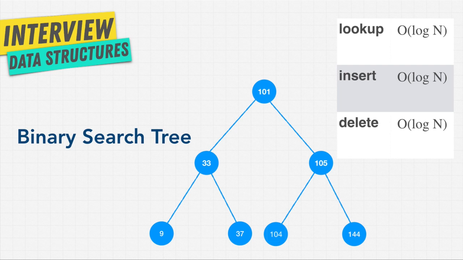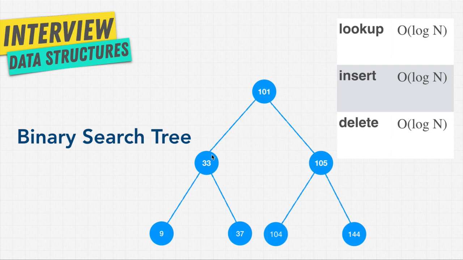And then the second rule is that a node can only have up to 2 children because it's a binary tree. The advantage of a binary search tree is that, well, it should be obvious with the name, right? Searching and lookup is very easy because if I'm looking for, let's say, number 37, I can start at 101 and say, is 37 less than 101?